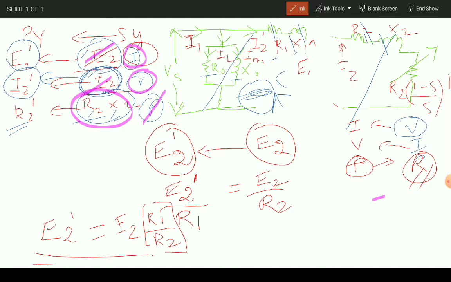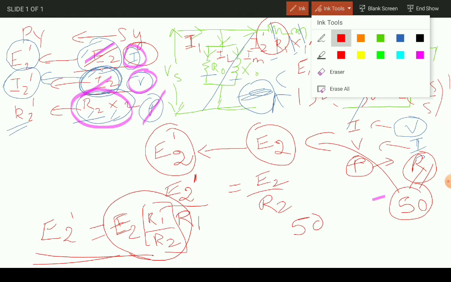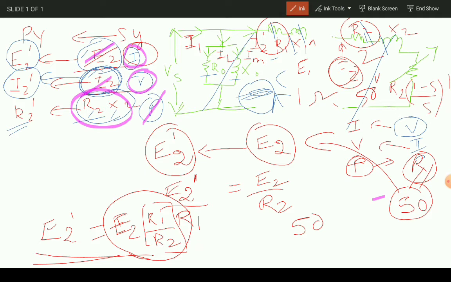Okay, that's all. So if we have a resistance R2 of 2 ohm, and a resistance R1 of 1 ohm, and an EMF of 50 volt in the secondary, then when it goes to primary it becomes... Use this formula: 50, then R1 we take as 1 ohm, then R2 2 ohm.